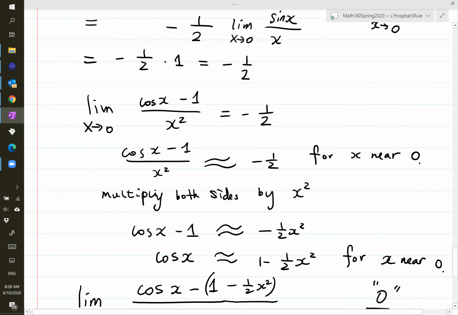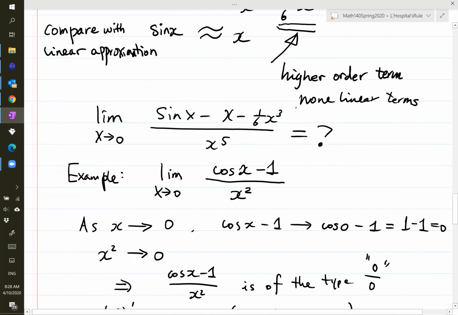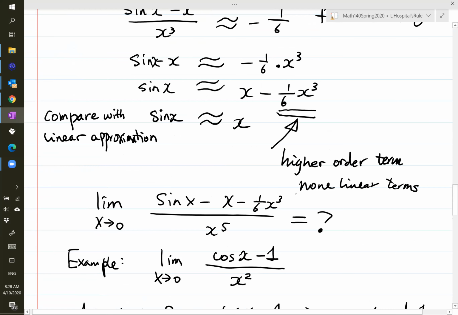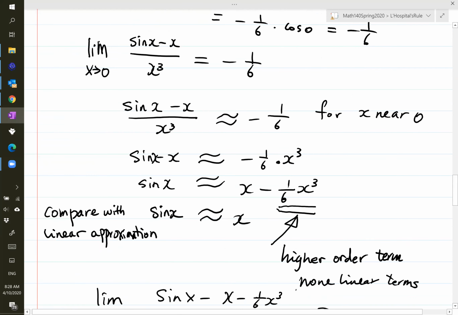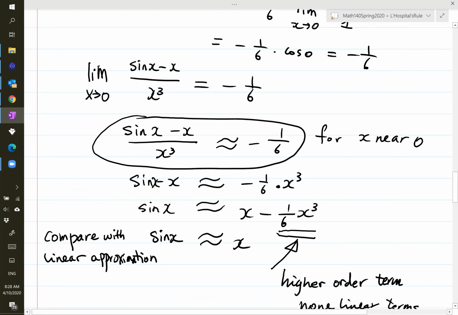What do we get? This limit is negative 1 over 6.